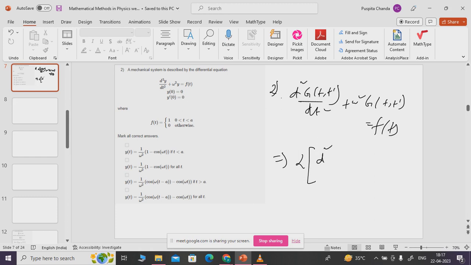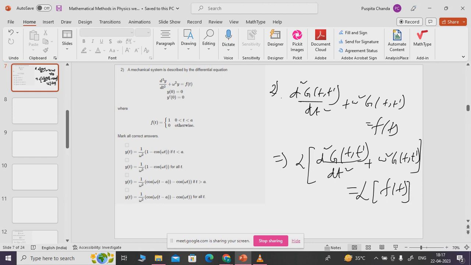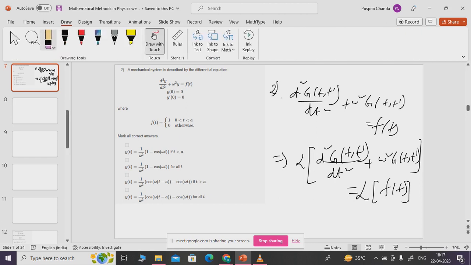So the Laplace transformation is of d²G/dt² and the function of t. So it will be delta t', and that is also delta.